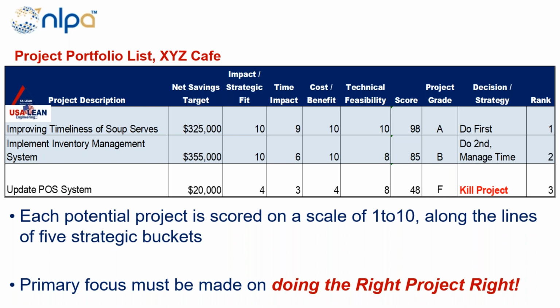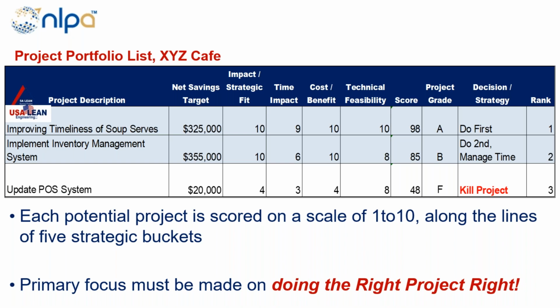And we are sure that we will come up with a pipeline of projects, and we prioritize those projects. Projects that do not meet the criteria that we set up, we just, what we call, we kill the project. We just don't do those projects.